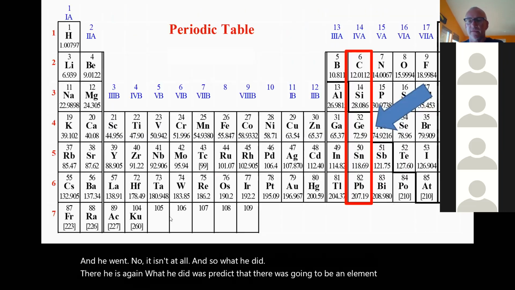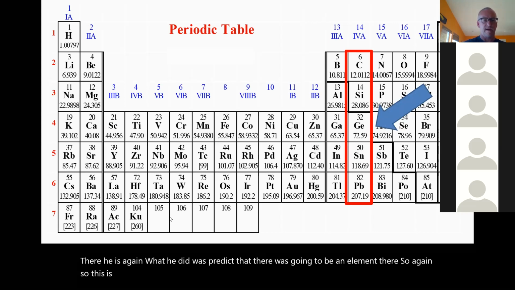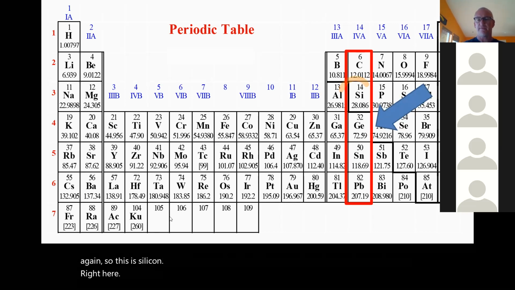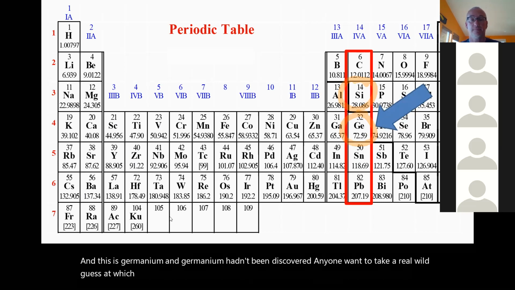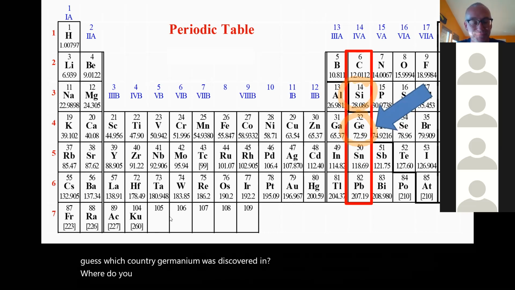So again, this is silicon right here. So this is silicon at 14, and this is germanium. And germanium hadn't been discovered. Anyone want to take a real wild guess at which country germanium was discovered in? Germany.